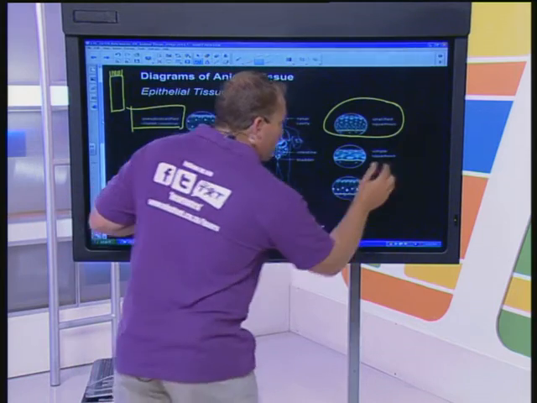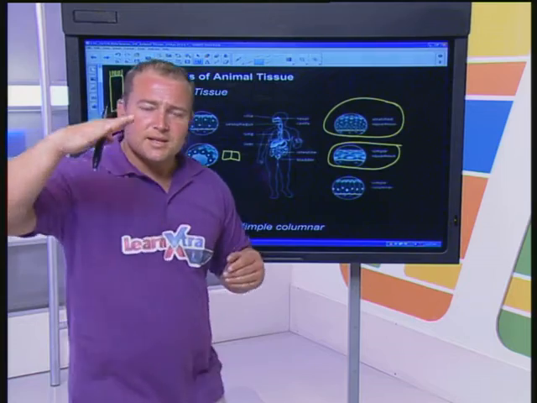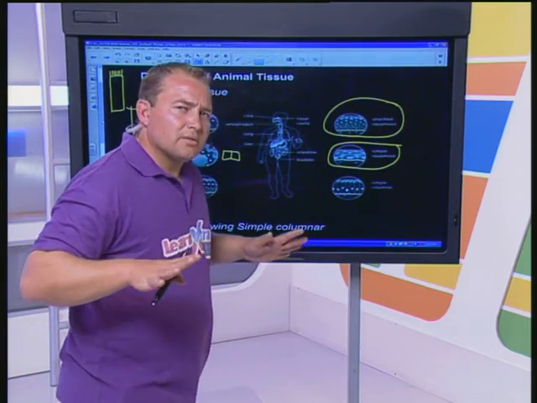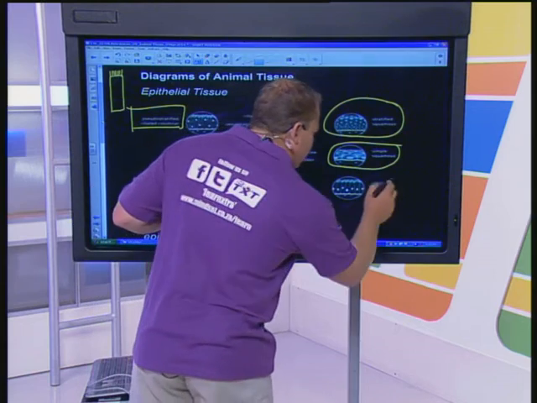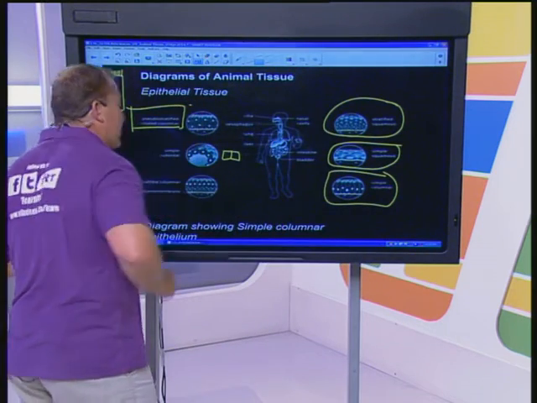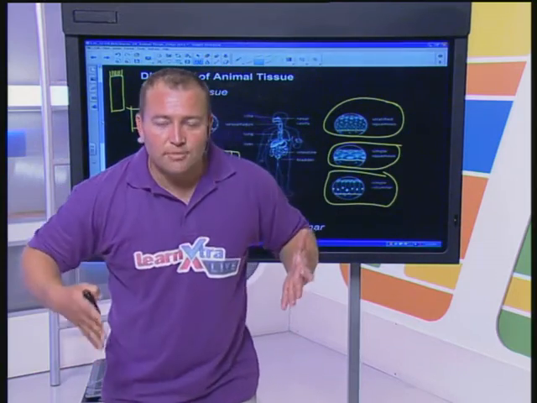Then we have simple squamous, a single layer of flat cells. Then we've got simple columnar. Simple columnar and ciliated columnar look the same, just the one has cilia on the top of it.